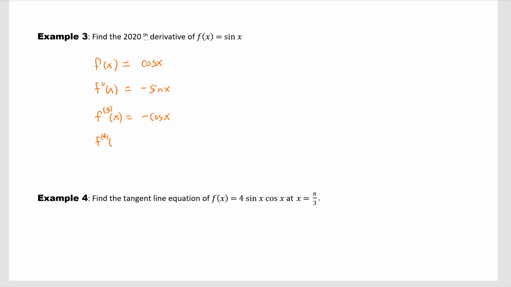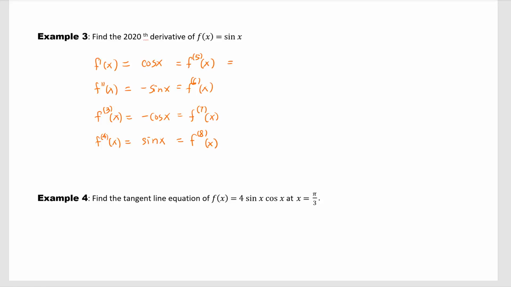The fourth derivative of minus cosine is sine, because minus minus becomes positive. Ooh, do you see this is the same as this guy? So when you take the fifth derivative, oh, it's just gonna repeat. And then when you take the sixth derivative, it's gonna repeat and repeat. So it repeats every 4 derivatives.